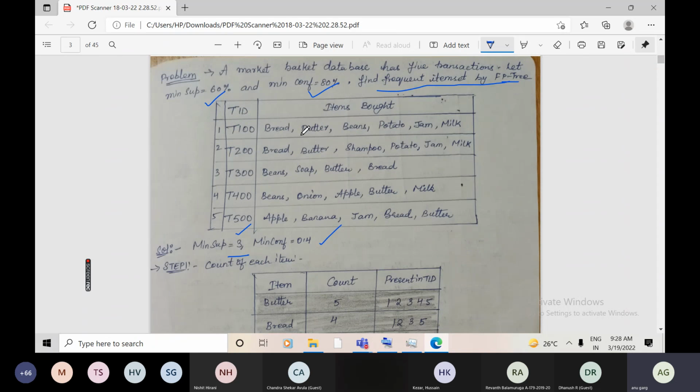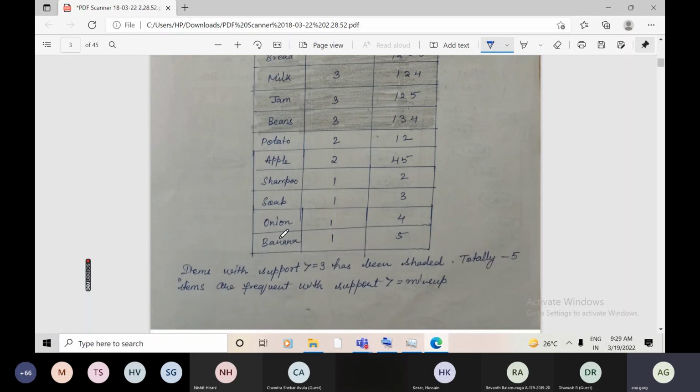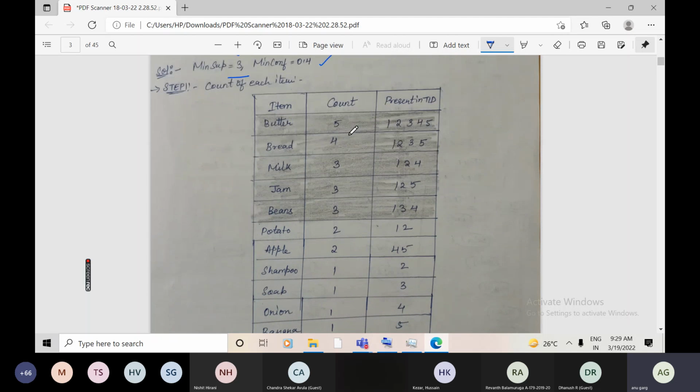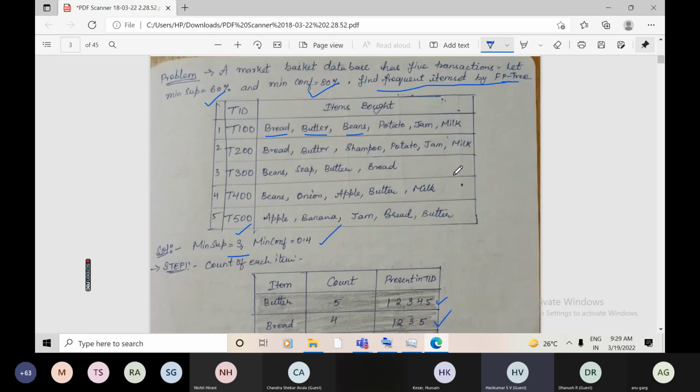That was our first step from the first problem. For all your distinct items, bread, butter, beans, potato, shampoo, write down the count, and write down in which transactions they are appearing. Anu, 80% of 5 is 0.4? It should be 4, right?